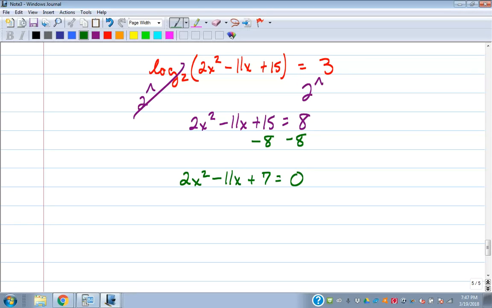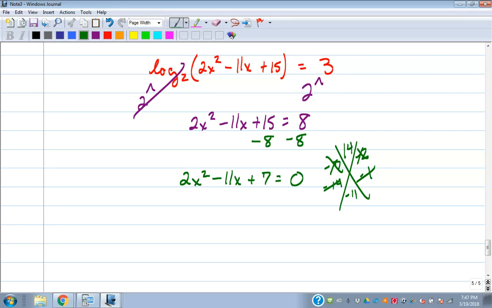But we could try the x method. So what multiplies to 14 and adds to be negative 11? Negative 7, negative 2 gets negative 9. That doesn't work. Negative 14, negative 1 gets negative 15. That doesn't work either. Those are the only options I have for multiplying to be 14 and adding to be negative 11. So it won't factor.